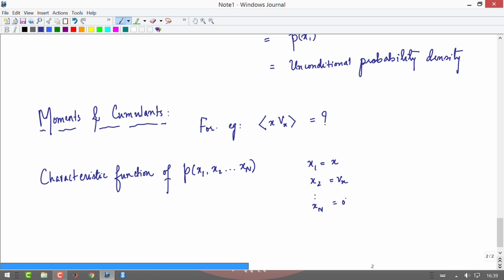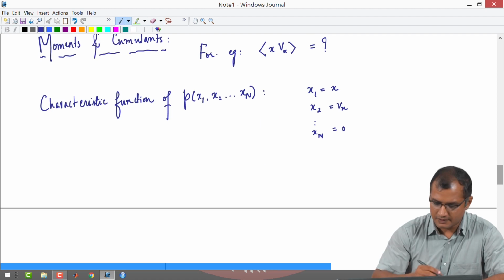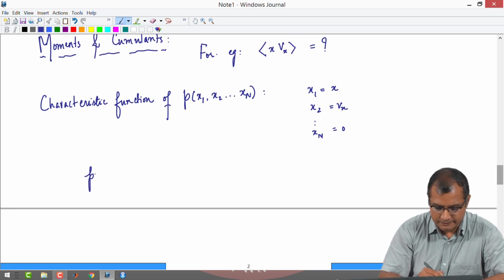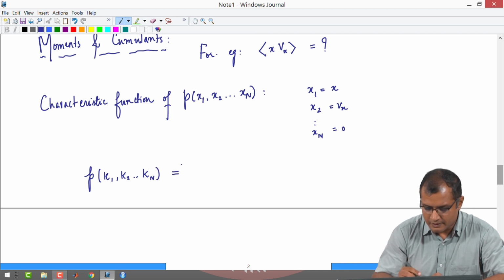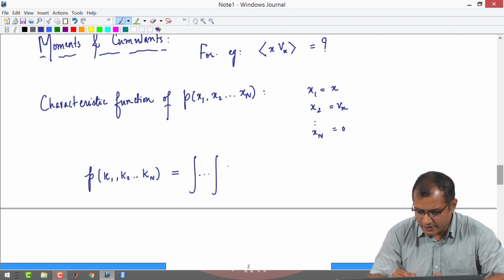Then this would give me the expectation value of x Vx. This characteristic function would give me the expectation value of these variables. Now, the characteristic function can be computed as a function of the set of k's that is, by definition, the multidimensional Fourier transform of our multivariable distribution.